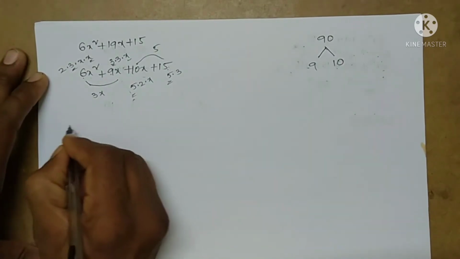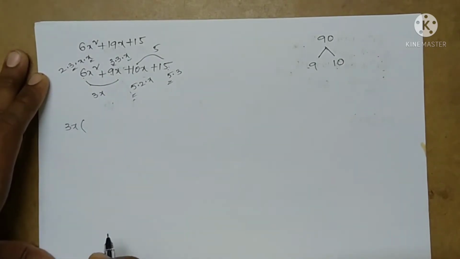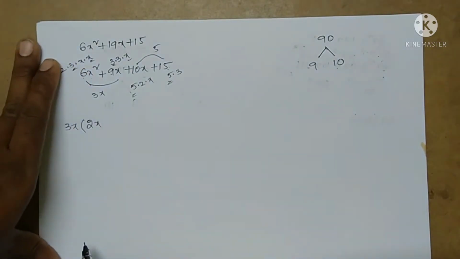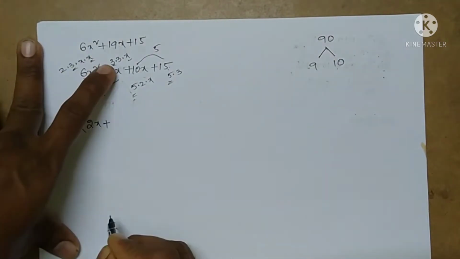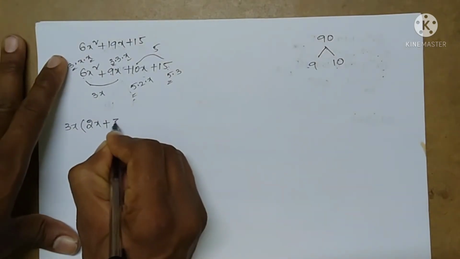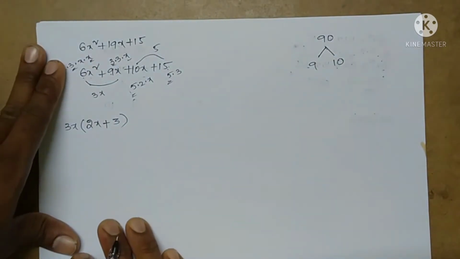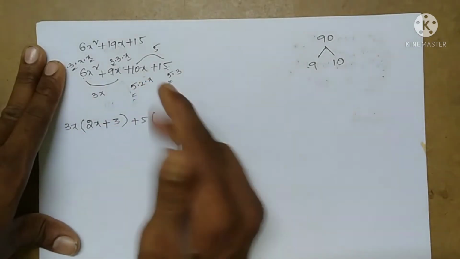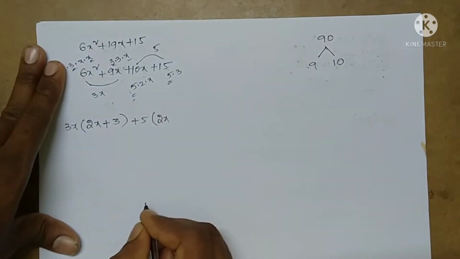So here 3x, remaining terms are 2x plus 3. Here 5 is common, remaining terms are 2x plus 3.